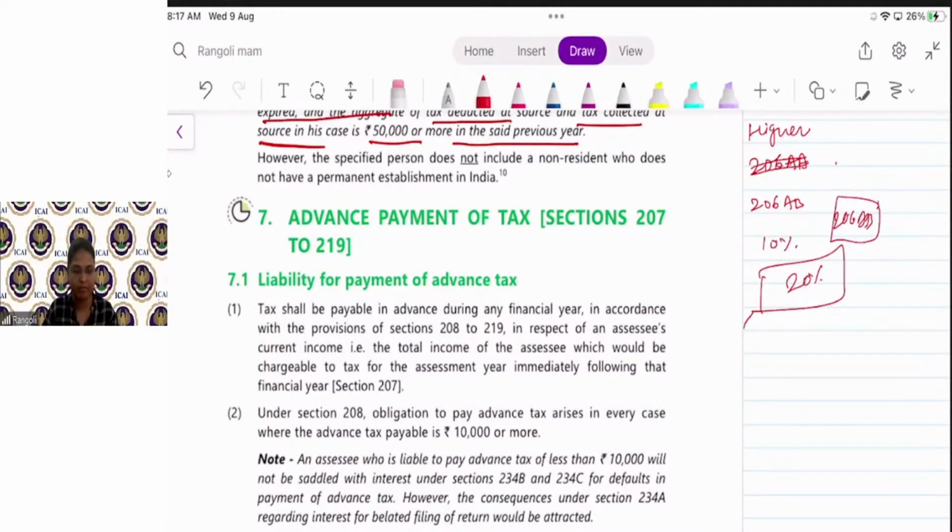Clear, Darshan? It is not like that if I am paying advance tax, then payer will not deduct TDS. Obviously, he will. Say, for example, my income is 50 lakh rupees. Payer will deduct TDS only at the rate of 10%, but I am falling in 30% slab rate. So balance I need to pay. So for that, I need to pay advance tax. Clear?